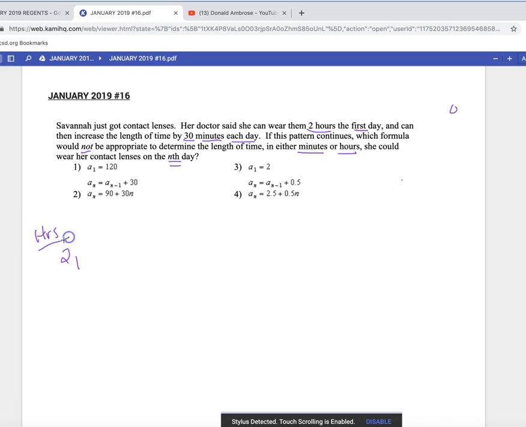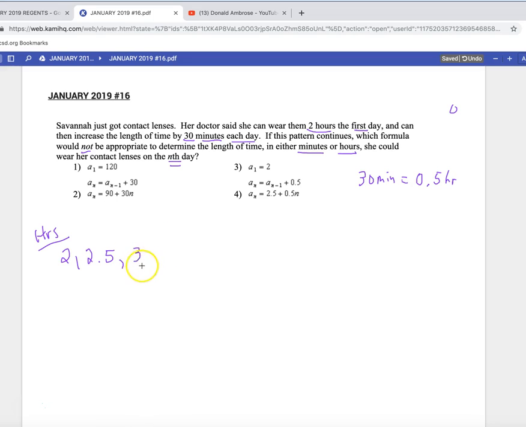If she can increase the amount of time 30 minutes per day, 30 minutes is equal to a half hour, or 0.5 of an hour. So on day 2, she should be able to wear contact lenses for 2.5 hours. And on day 3, she should be able to wear them for 3 hours, because she can increase every day by 0.5 of an hour.